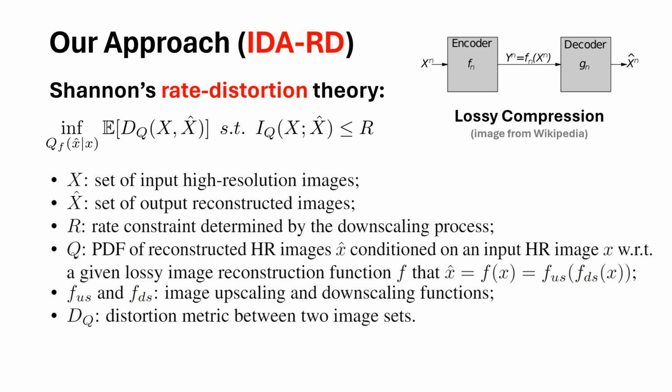DQ is a distortion metric between two image sets where the image correspondence is determined by Q. This equation aims to achieve the infimum of the distortion between input images and their reconstructed versions obtained by applying image downscaling and upscaling successively, which is consistent with our main idea.